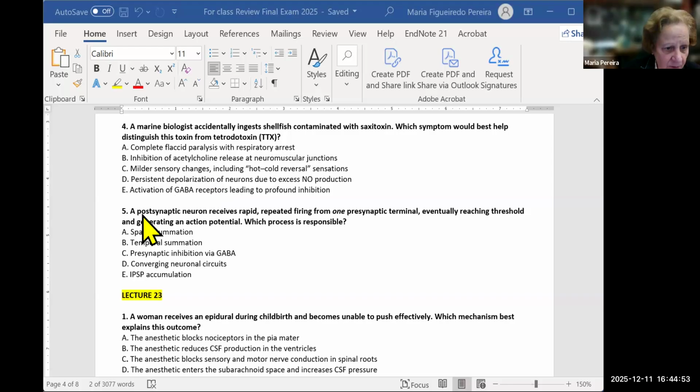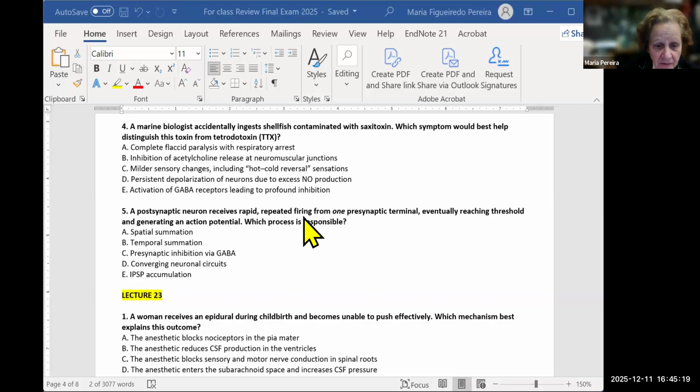Okay, here we go. That's the difference between anatomy and physiology, right? Anatomy is based on memory, so it's fast. Here, you need to digest the material. A postsynaptic neuron receives rapid repeated firing.